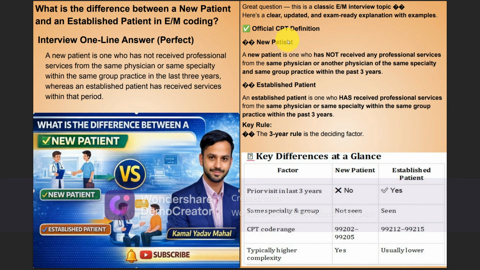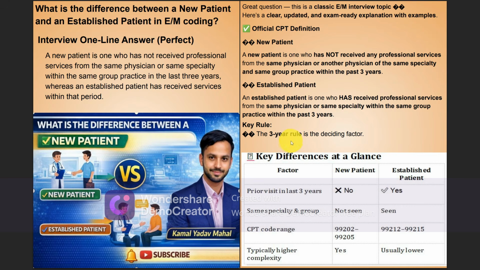Official CPT definition. New patient: a new patient is one who has not received any professional services from the same physician or another physician of the same specialty and same group practice within the past 3 years. Established patient: an established patient is one who has received professional services from the same physician or same specialty within the same group practice within the past 3 years.